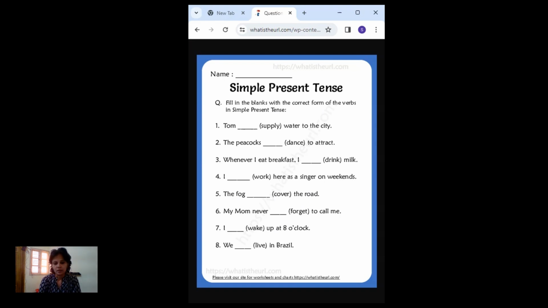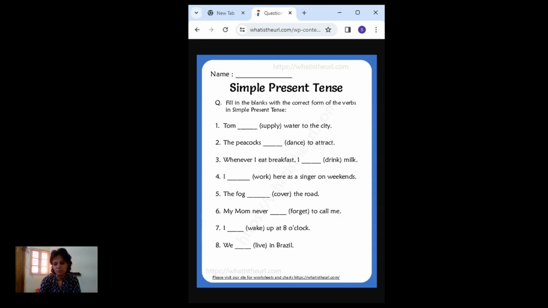Today I'm going to talk about grammar and its rules. I plan to talk about simple present tense. What is simple present tense, and when do we use it?